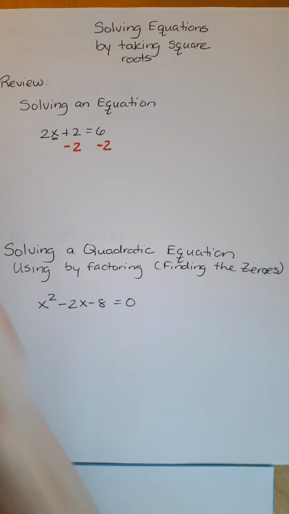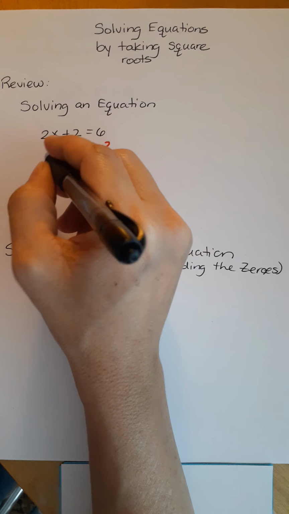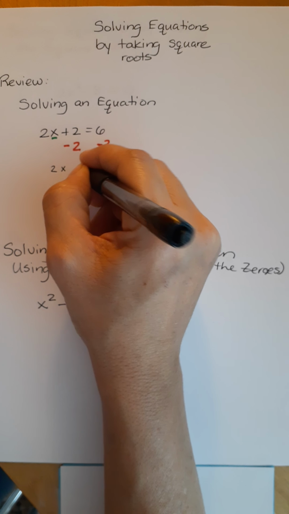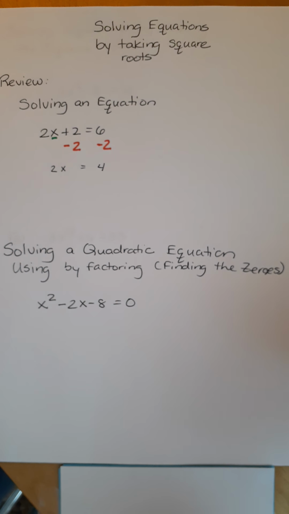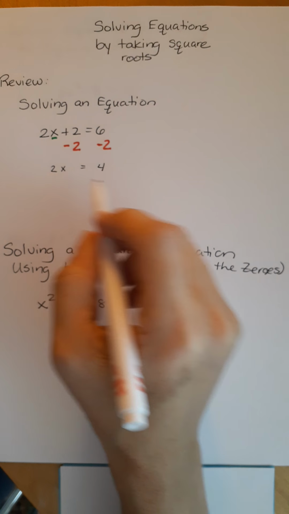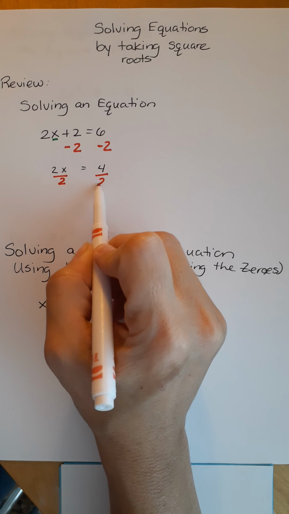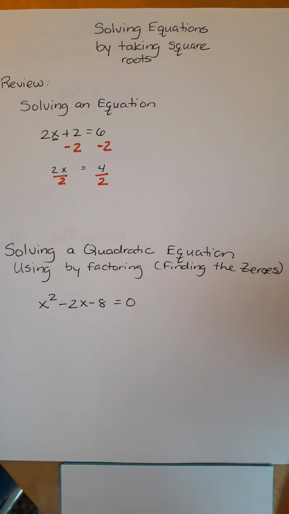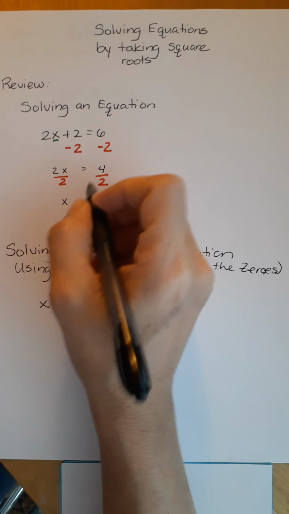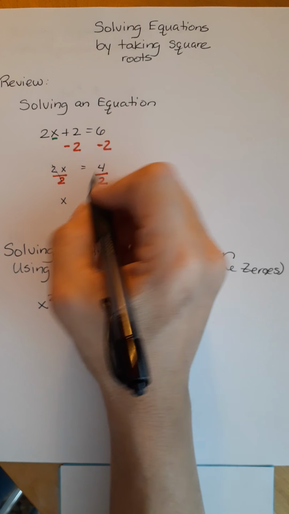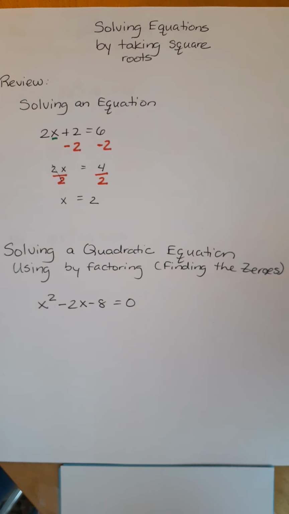And we are left with 2x equals 4. And then from here, 2 times x equals 4. We're doing the opposite, so we're going to divide both sides by 2. And we get x. 2 divided by 2 cancels out. X equals 2. And that's how we solve for an equation.